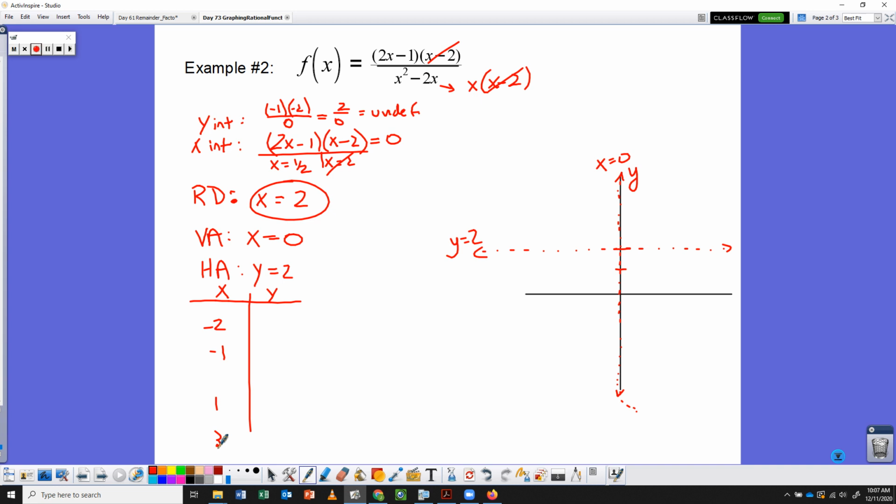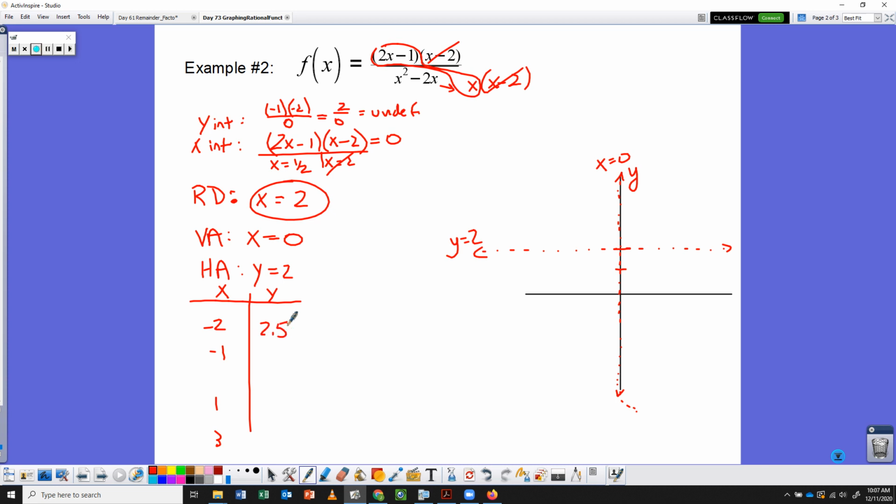for my -2 value, -2 times 2 is 4, minus 1 more gives me 5. So this reduces to just be 2x minus 1 over x. So we have -5 over -2, which is 2.5.